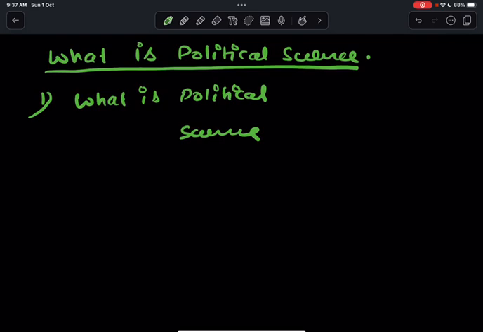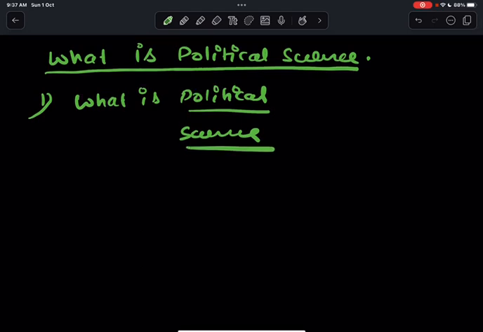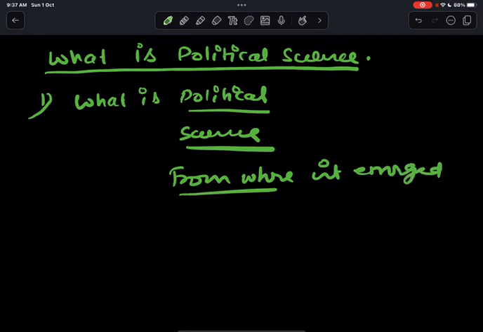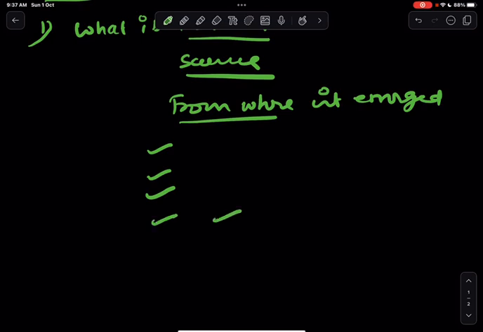But if you are making something which is abstract into a science, then what made it a science, and who made that a science? It's a very good question. What is political and what is science? Then, of course, a natural question is from where it emerged? There are multiple questions that we will deal with in detail over a period of time.